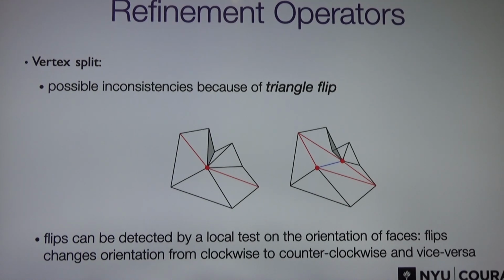So they can be detected locally. You consider the neighborhood of a newly inserted vertex, and all the faces in the neighborhood should have the same orientation. Orientation is defined by a normal. This means we flip the normal of some face that does not conform to the majority of orientations here.